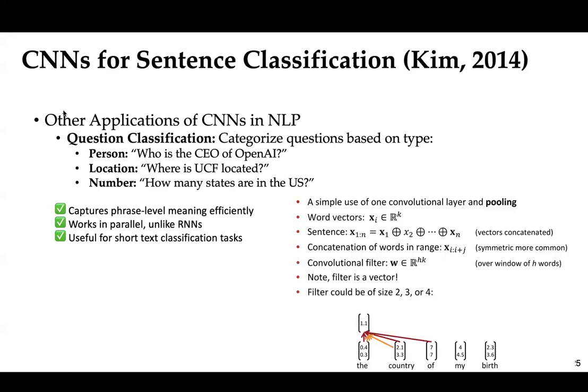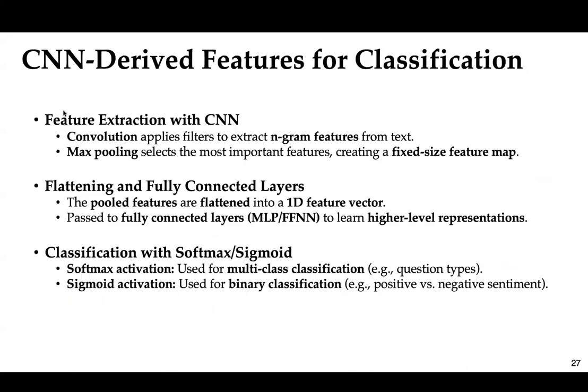So you flatten it, and then after flattening it, you pass it to the fully connected layer to learn the higher-level representation. Remember, the fully connected layer gets rough features and polishes them to get a better representation.